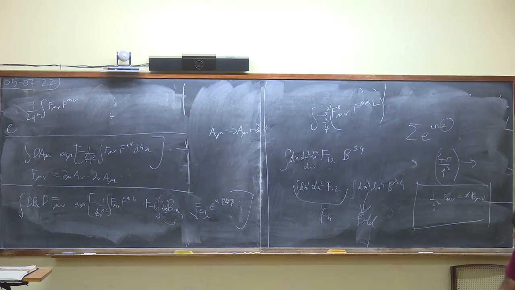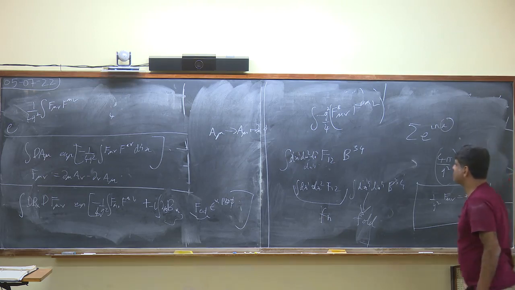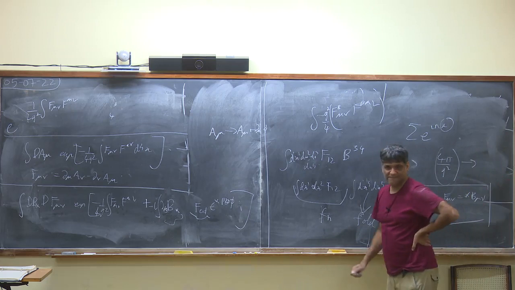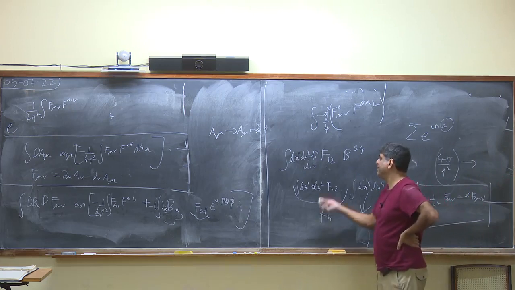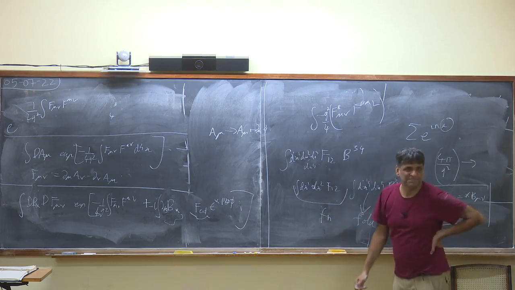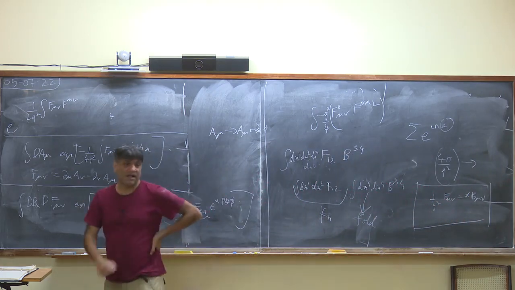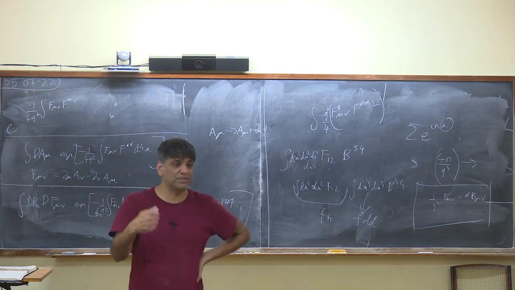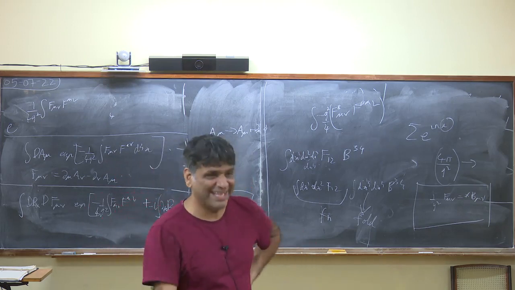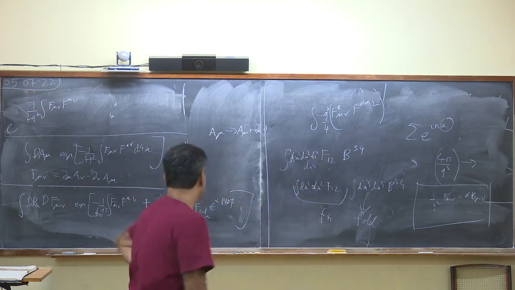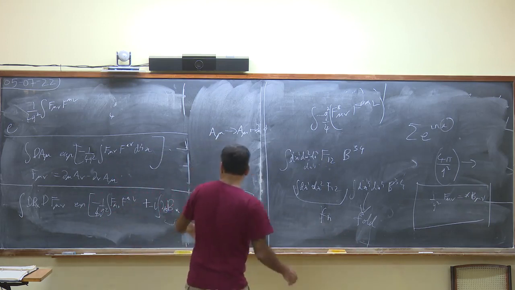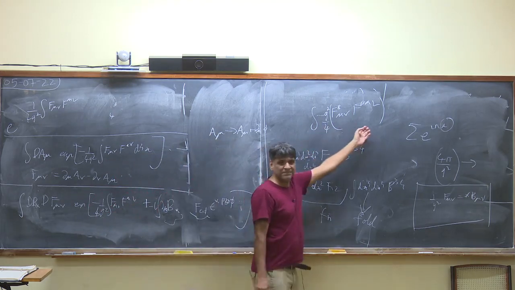Roughly speaking, it goes this way. Let's start on this side, because this side is where we have the B field available to us. Here it would be hard to couple a charged particle, because a charged particle couples to A, and we don't have an A. But on this side we have the B field.